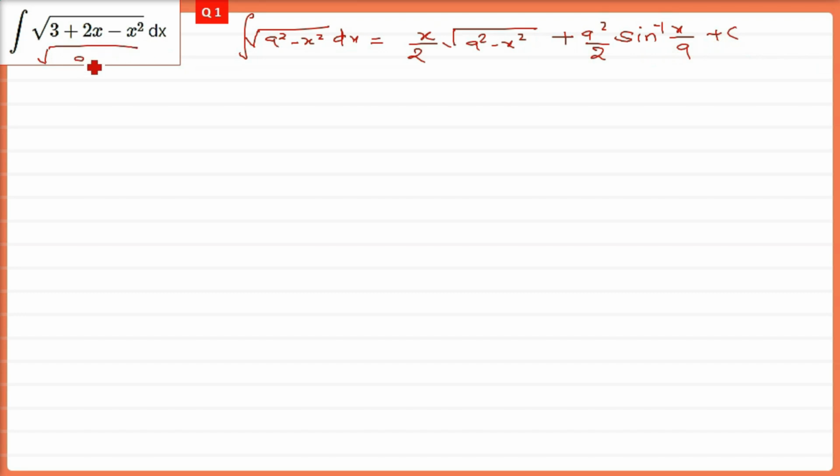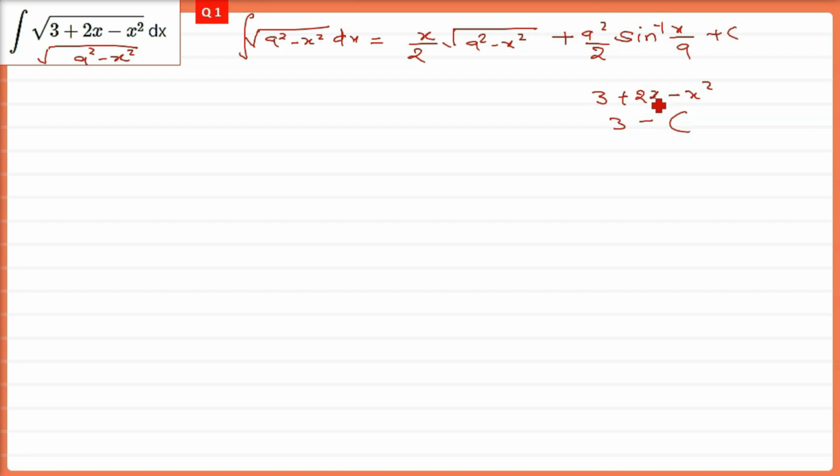Now we need to make it a square minus x square so that we can apply this formula. How are we going to do that? Take this first, 3 plus 2x minus x square. In order to make the perfect square, we don't need anything in front of x square, we don't even need a negative.